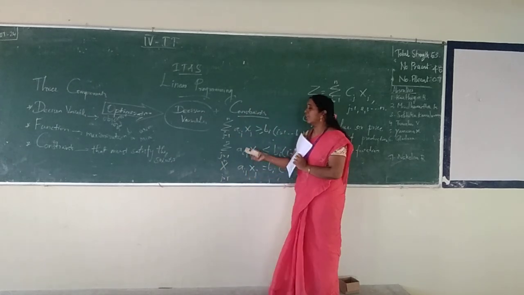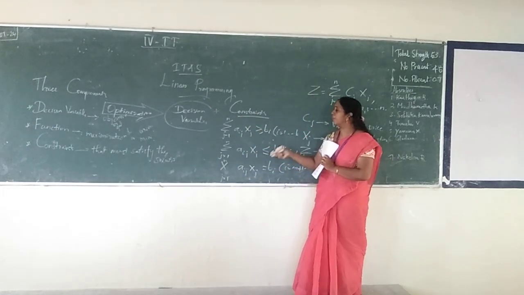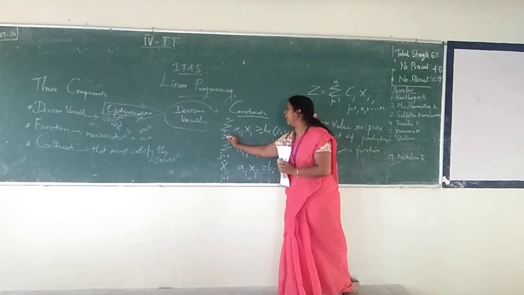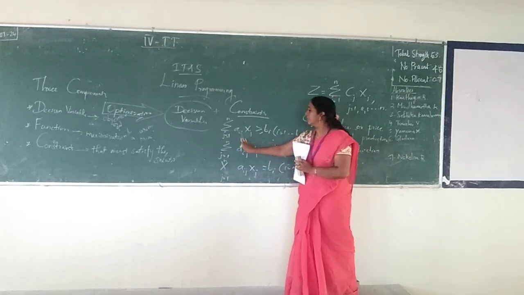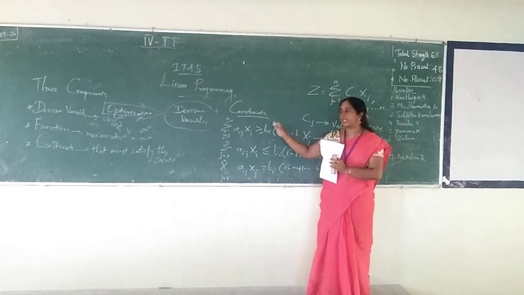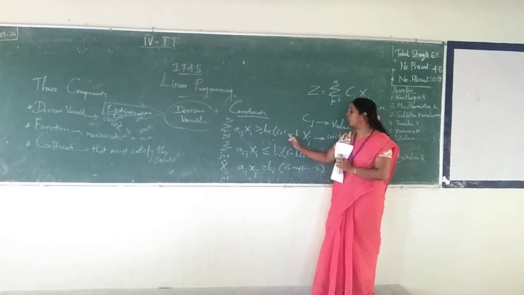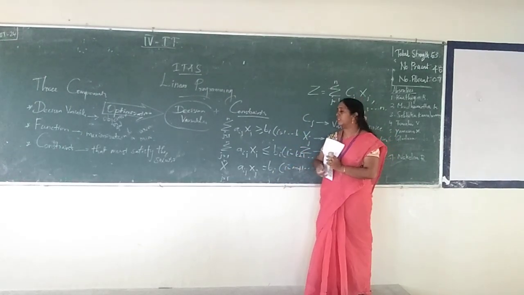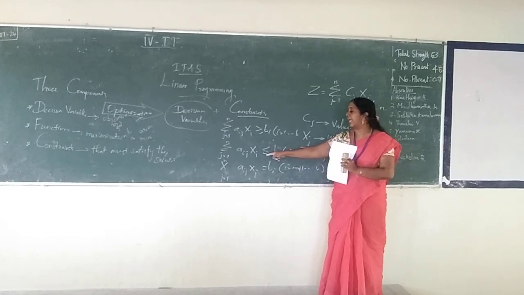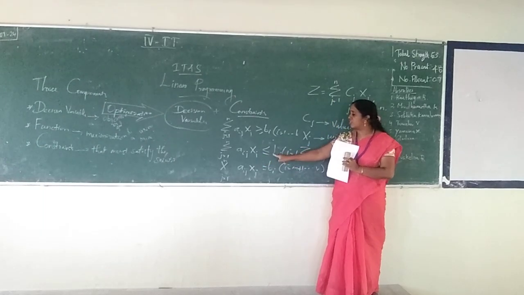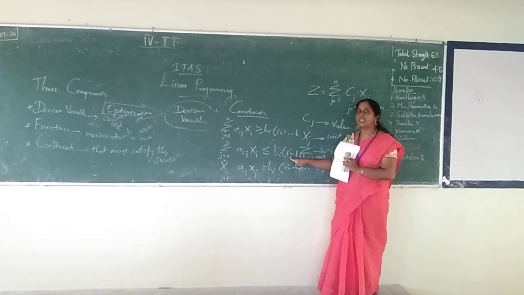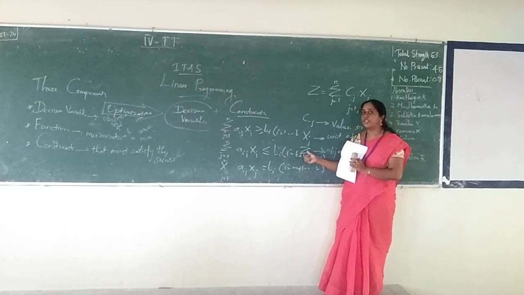In the linear equation, we can use these constraints: sigma j equals 1 to n aij xj must be greater than or equal to bi for i values between 1 to k. Then the second constraint is sigma j equals 1 to n aij xj less than or equal to bi for i values between k plus 1 to m.